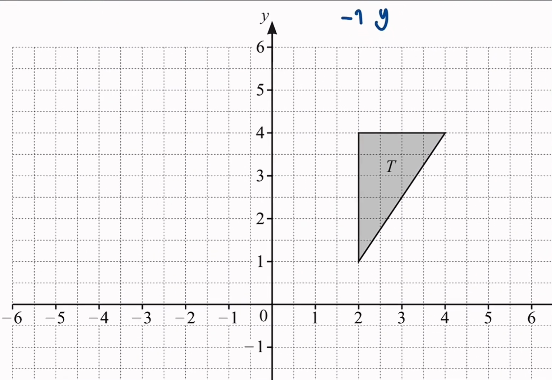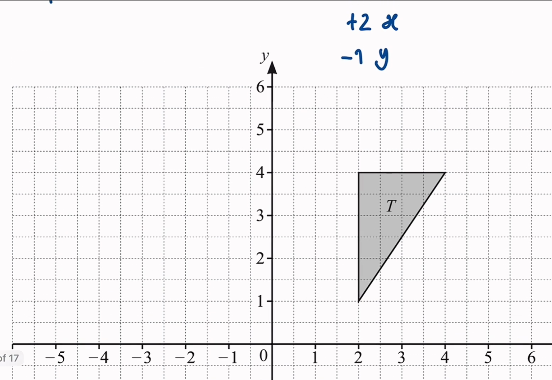Therefore, I will begin with this dot. Plus 2 in x direction from 2 to 4, and then minus 1, from 4 minus 1 is 3. Therefore, this dot translation into this dot. And next, this dot.